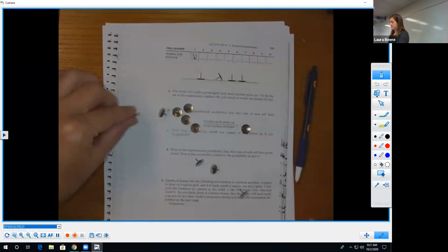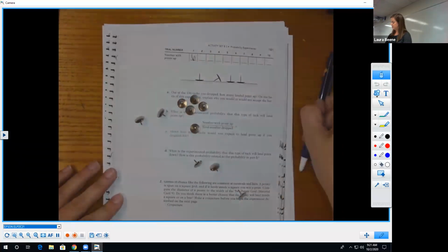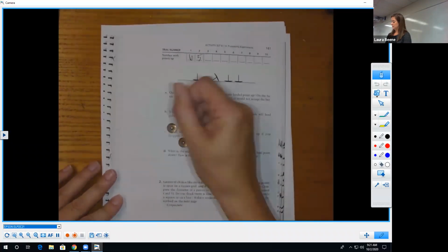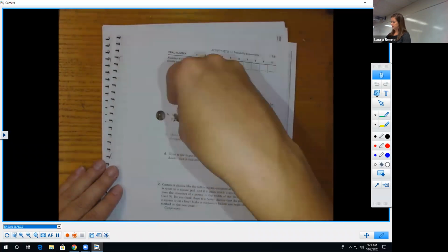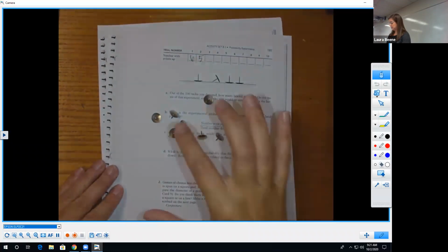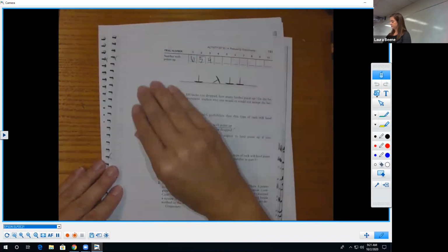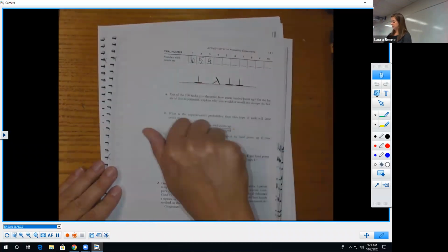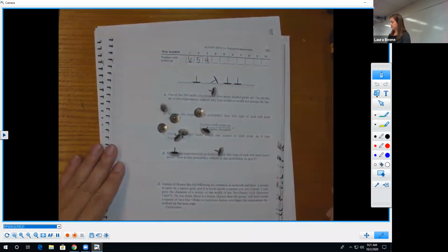So this time, that one went over there. It is 1, 2, 3, 4, 5 point up. Okay, let's do it again. This time it is 1, 2, 3, 4. We're doing this experiment 10 times, so we have a total of 100 tacks that have been dropped.